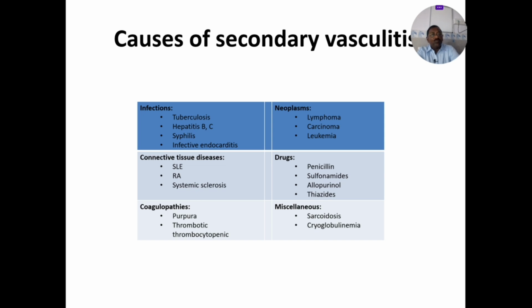Neoplasms, especially lymphomas, leukemias, you will have a vasculitis picture. Drugs: penicillin, sulfonamides, allopurinol, and thiazide diuretics cause a vasculitis-like picture. And sarcoidosis and cryoglobulinemia. So these are all the causes of secondary vasculitis.